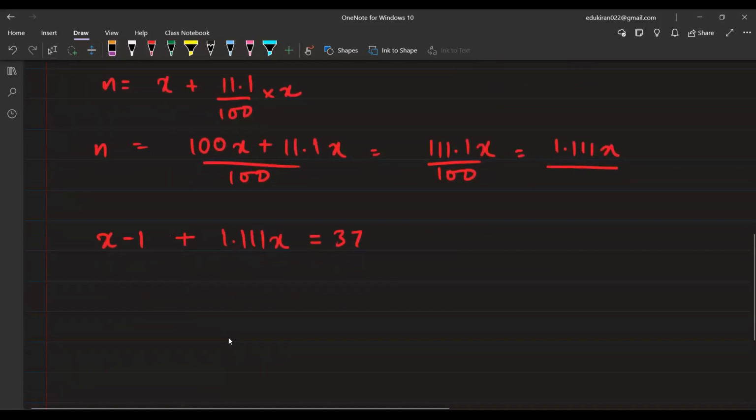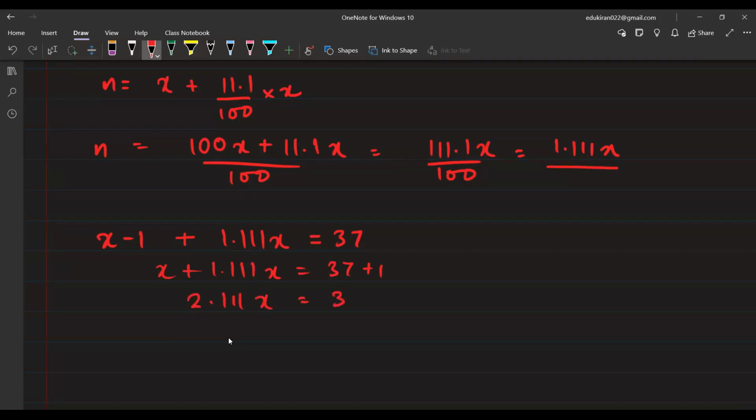One variable. Now we can solve this. We are going to separate the variables and the constant. We have one constant here. That constant will go there. You will get x plus 1.111x is equal to 37 plus 1. This will be equal to 2.111x, which will be equal to 38. Right? Yes or no? Yes.